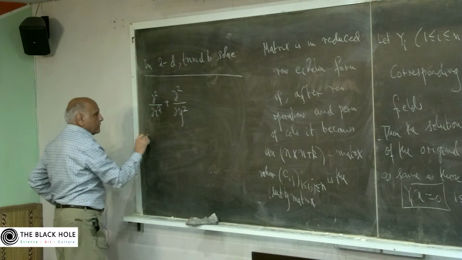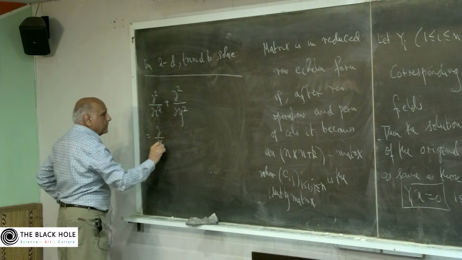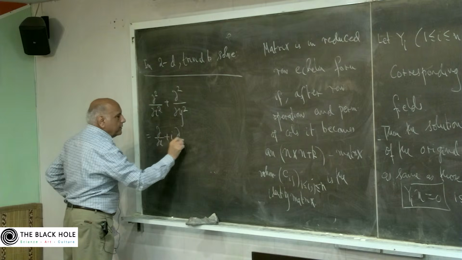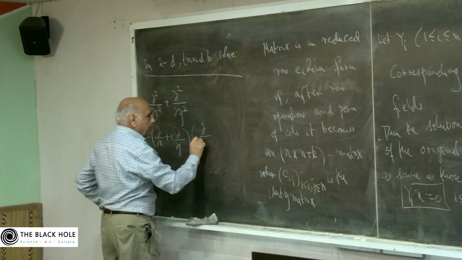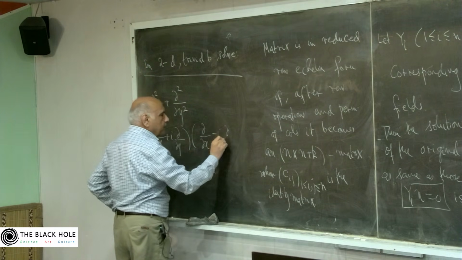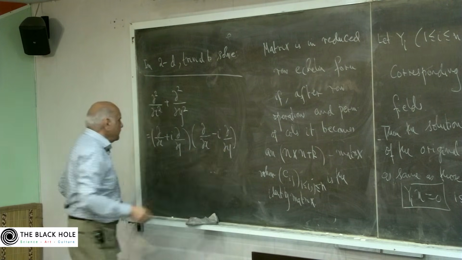What is the factorization? d by dx plus i d by dy times d by dx minus i d by dy. That's the first one.